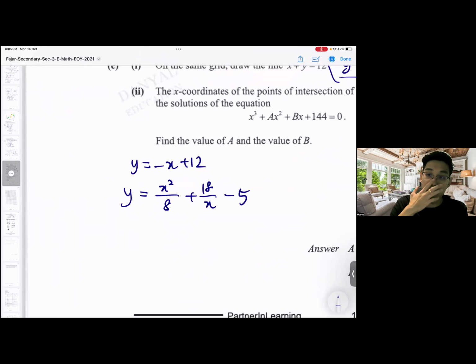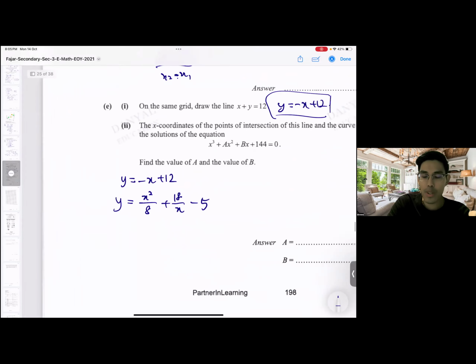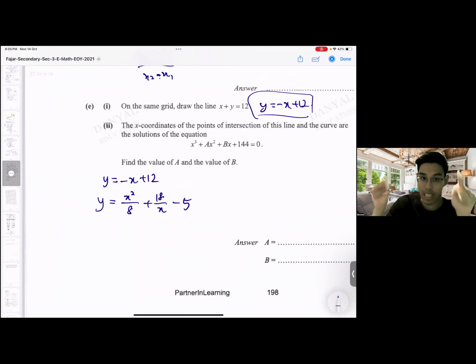So what they're implying is this curve and this line will intersect. Technically we need to go back to the equation and solve for the a and b itself, but actually we can solve it here manually.